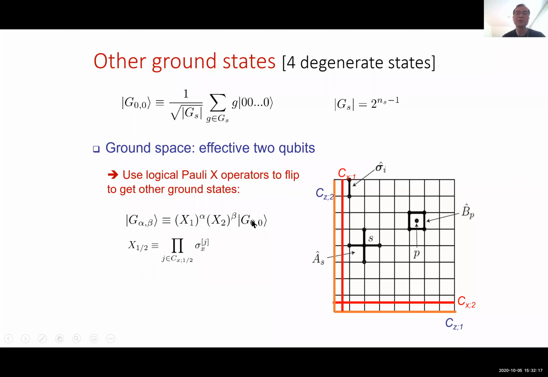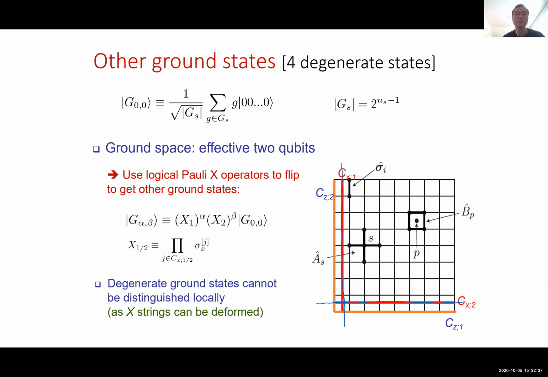So the 2 qubits I denote 0, 0, right? And I flip them according to the X1 loop or X2 loop. These will flip the two corresponding qubits. Okay, you can check that.